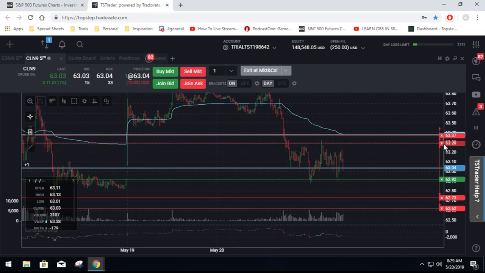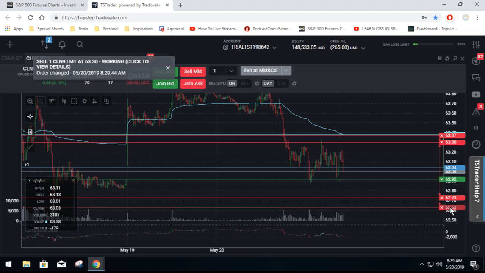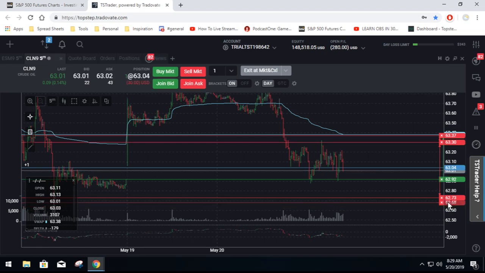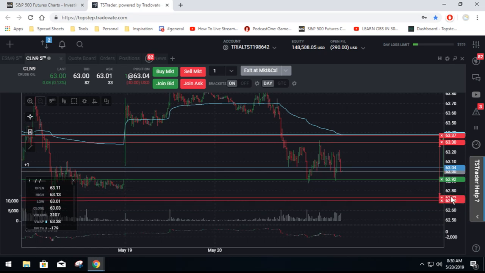So where's my exit? Right, 305, 25, stop loss at 25, 30, sorry. Just move the secondary stop, sorry.